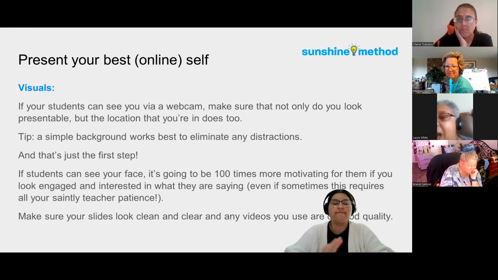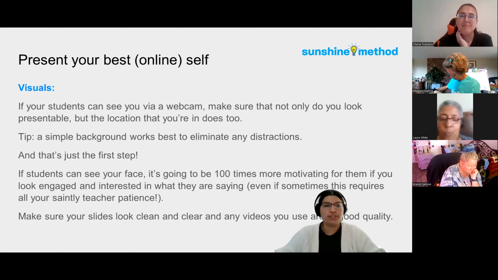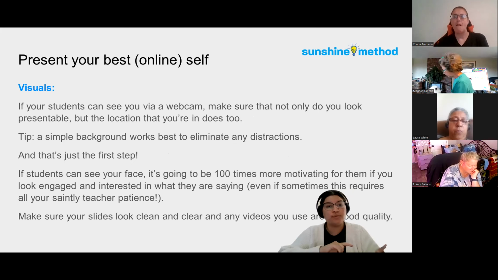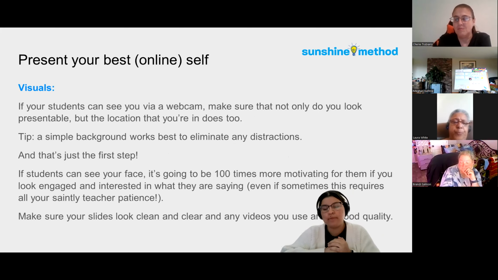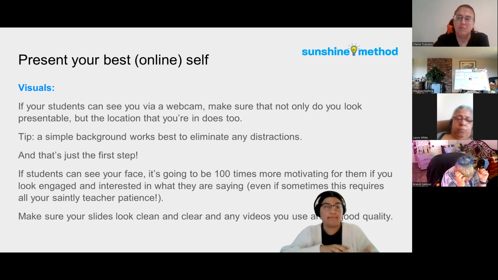But to start off, definitely when it comes to engaging your students, you're going to want to use your visuals as a form of engagement with them. I think one of the most important things is that the child is able to see you, because if they're not able to see you, they don't have anyone to engage with them.